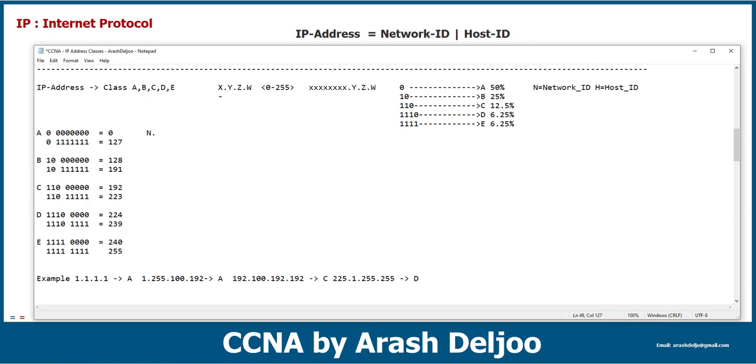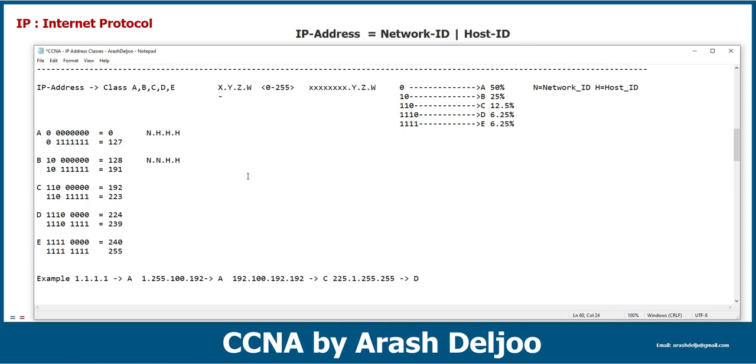Look here. When you have one address in class A, the first octet is the network ID, and the other octets, octet 2, octet 3, octet 4, are the host address. This is the rule. After that, in class B, we have another condition. In class B addresses, we have the first two octets as the network address, N.N, and the two remaining octets, octet 3 and octet 4, as the host address or host ID.